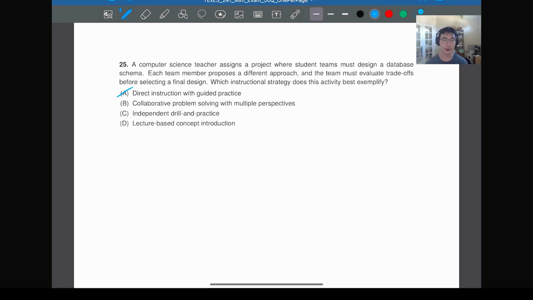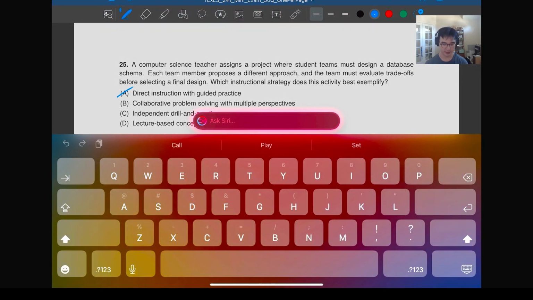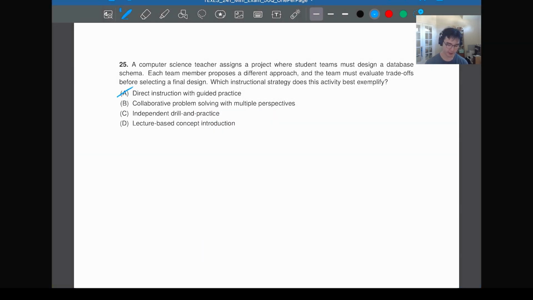Well, collaborative means students working together to solve a problem. Yeah, it seems like it, right? And does it have multiple perspectives? Well, if you see here, different approaches. So it seems like B is the best answer right now.